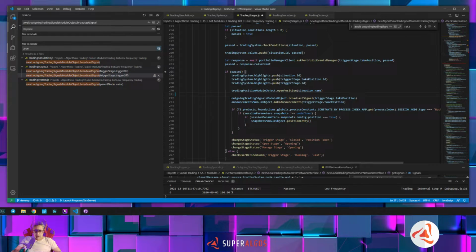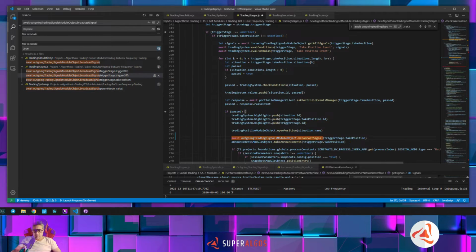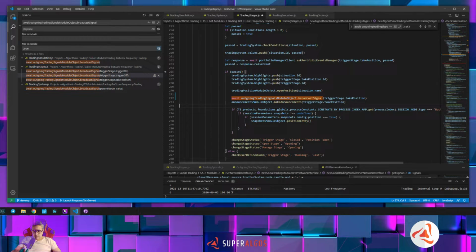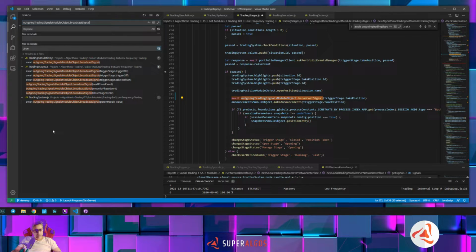So that means that there might be some other, but we just don't know. Let me search for this. There are more guys. Next, move and close stage.